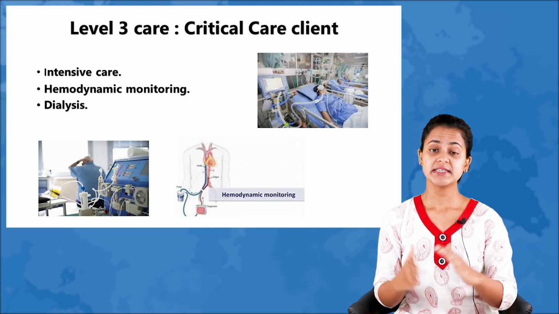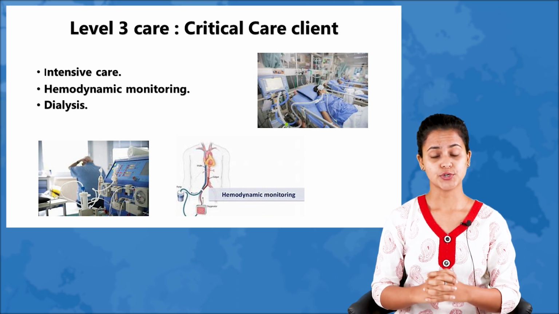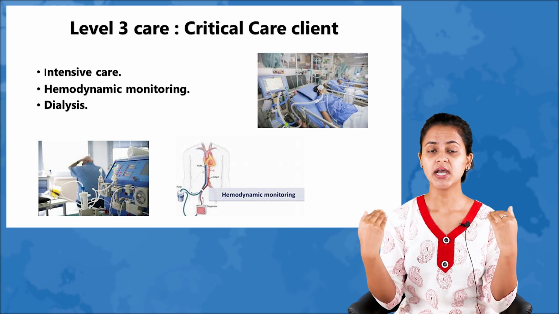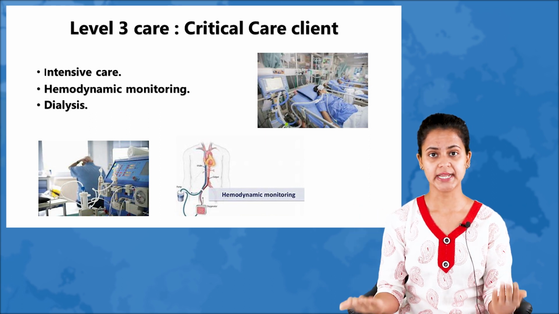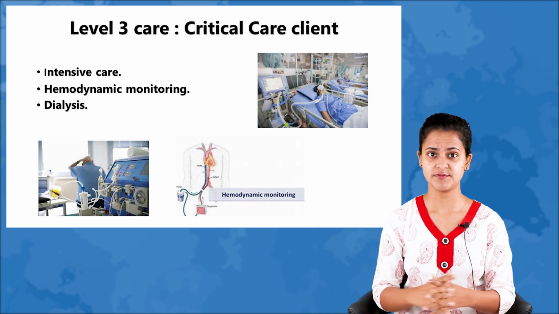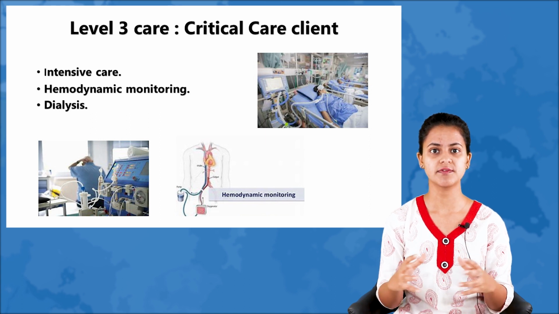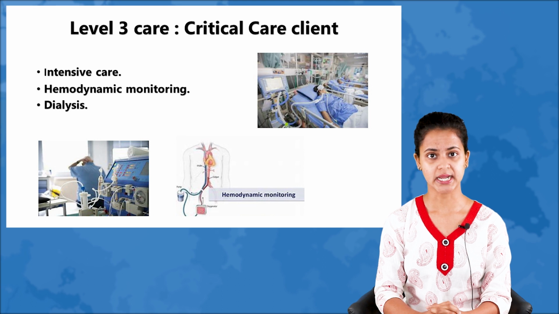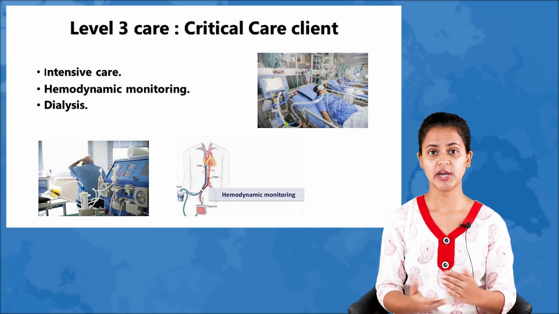Next, we are going to see the level 3 critical care unit, which provides all aspects of intensive care to clients who have a very severely progressed condition or a severe life-threatening condition. The intensive care also includes invasive hemodynamic monitoring for the client. Even dialysis is often used in a level 3 critical care unit.